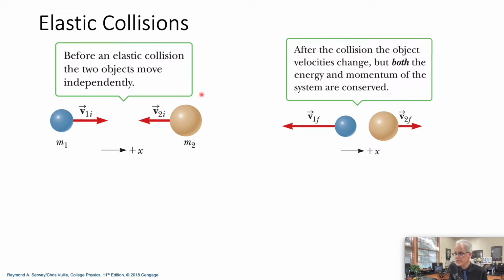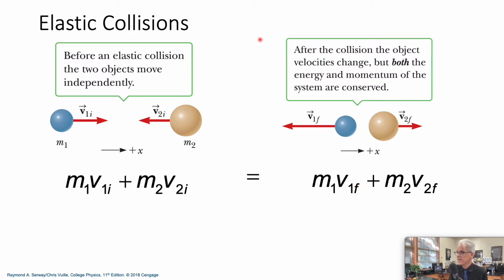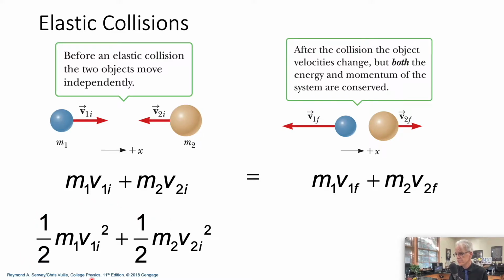So if we add up the momentum of mass 1 and mass 2, just by going mass times velocity, this is the momentum of the first object, and add it to the momentum of our second object, it will stay the same.